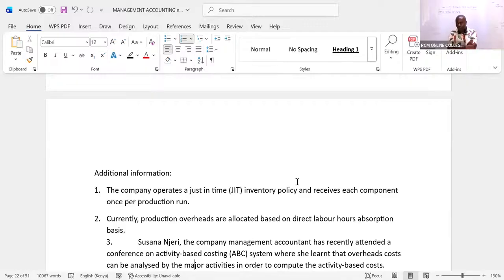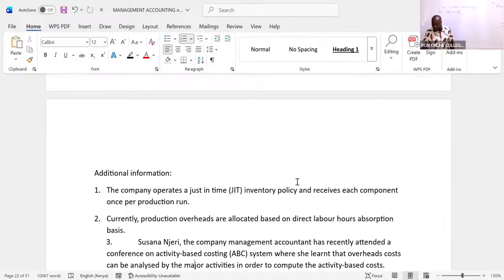So we basically order raw materials for immediate usage. We don't have stores under JIT. So if it's a hotel, we shall not be having a store of food. We simply bring these items as they are requested by our customers. We cook them immediately. So there is nothing like storage.